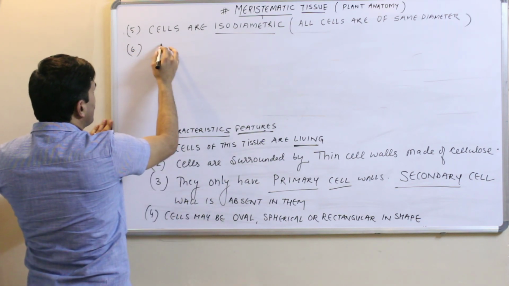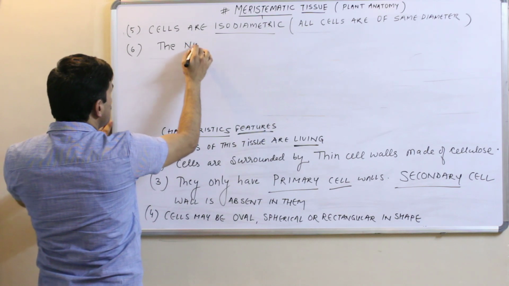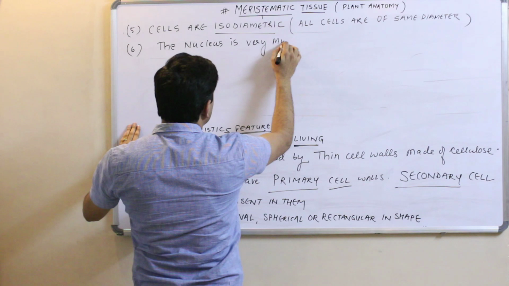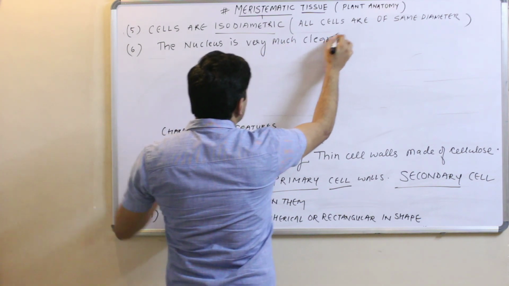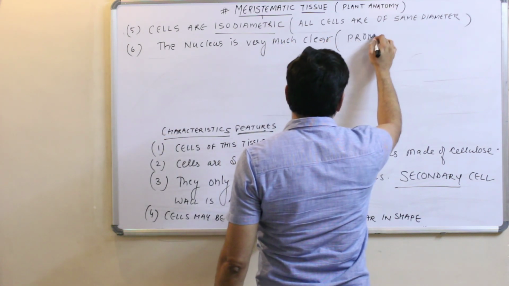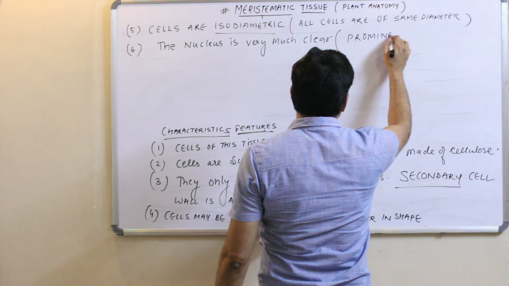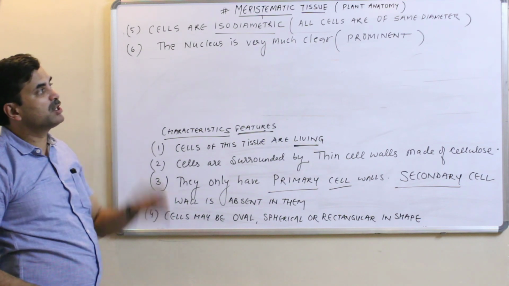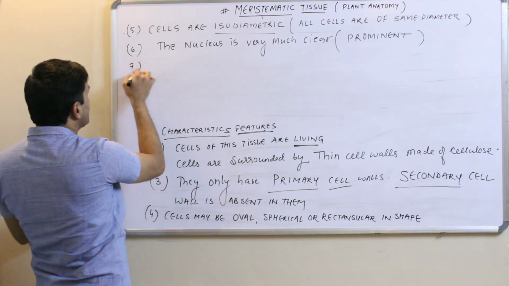Now the nucleus is very much clear, means it is prominent. The cells are having a clear cut nucleus, a prominent nucleus.